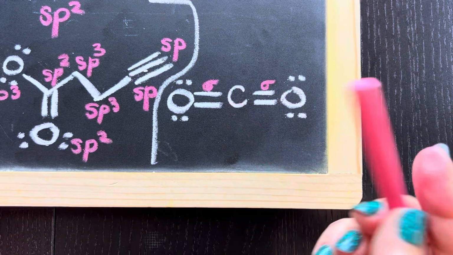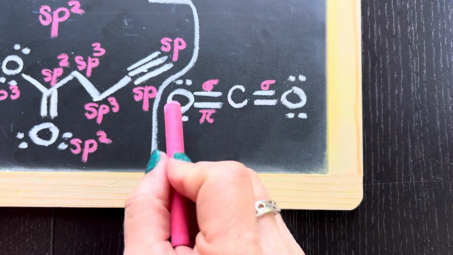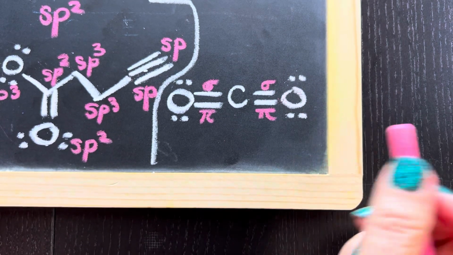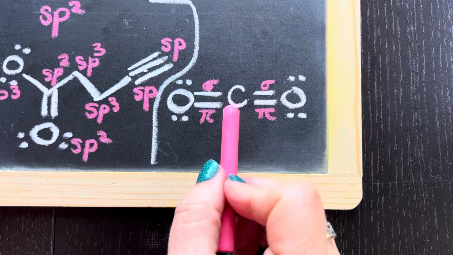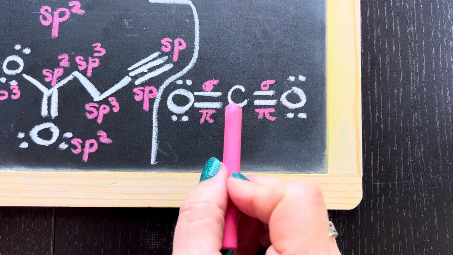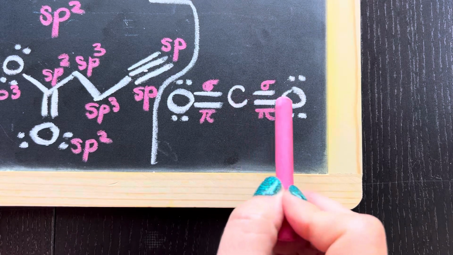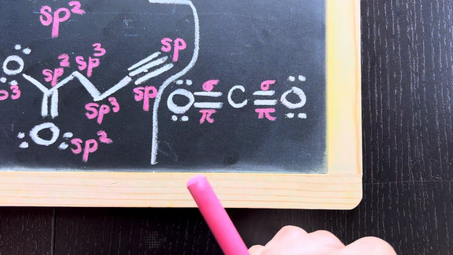And this carbon also has a pi bond going to this oxygen and a pi bond going to this oxygen. So it needs to have two pure unhybridized p orbitals in order to create the pi bond going in this direction and in this direction.